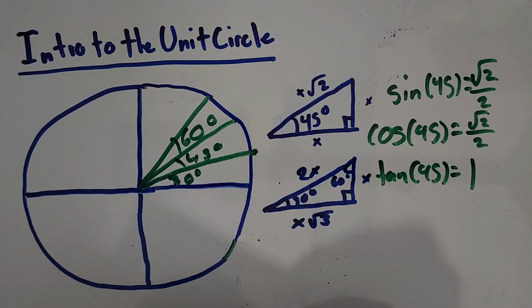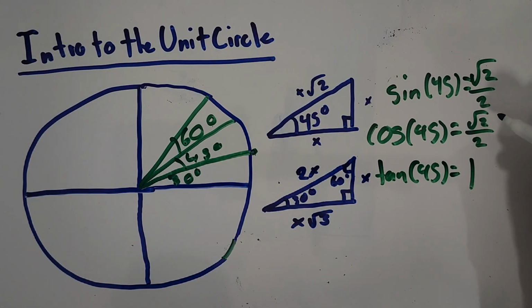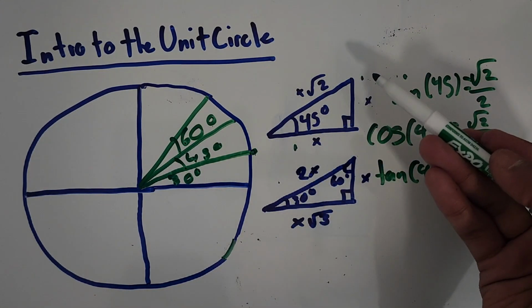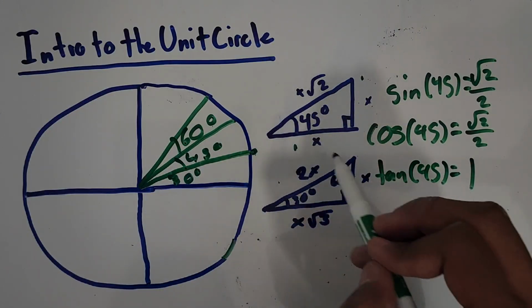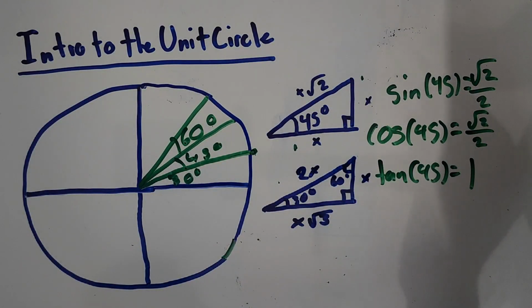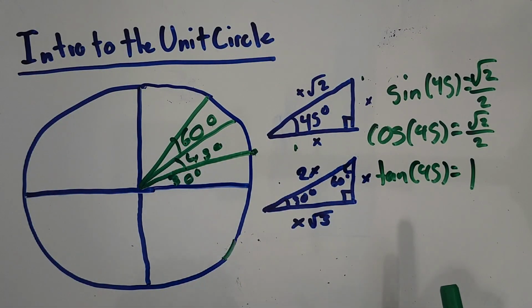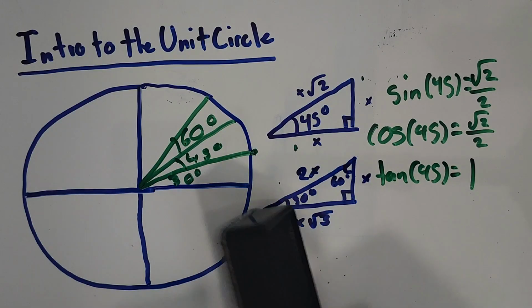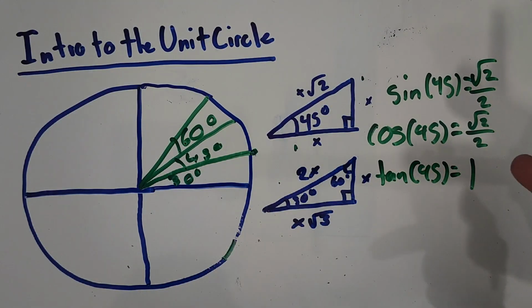Cosine of 45 degrees is rad 2 over 2, and tangent of 45 is equal to 1. Notice how these two values are the same, and that is because these two sides are the same. This side is x and this side is x. Opposite over hypotenuse, adjacent over hypotenuse, you just get the same exact value. And yeah, this is, in my opinion, the easiest triangle to memorize, because these two values are the same.